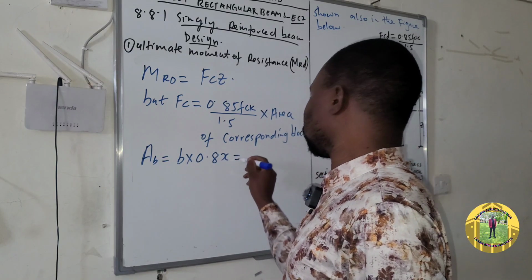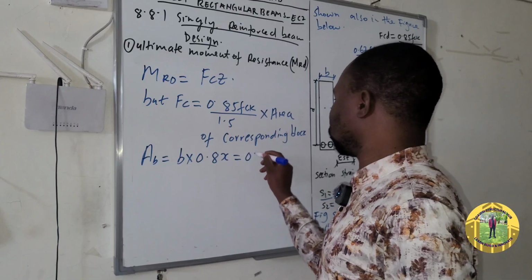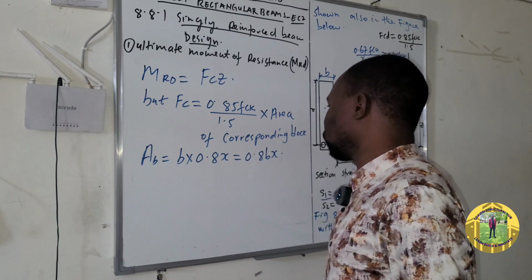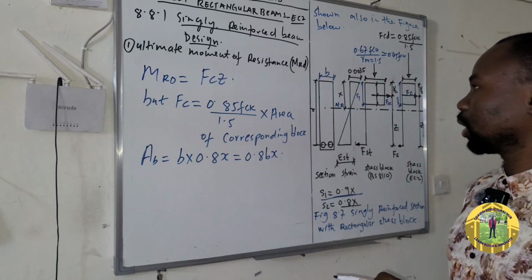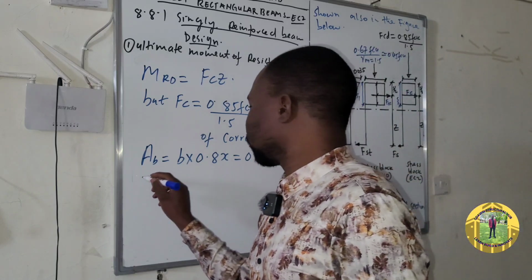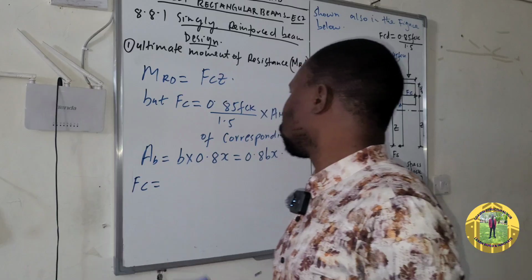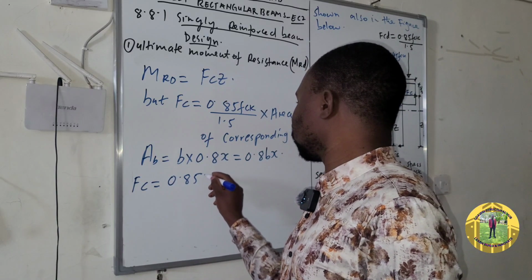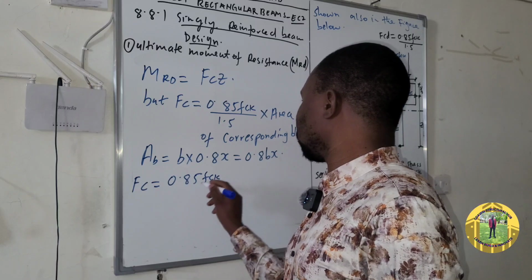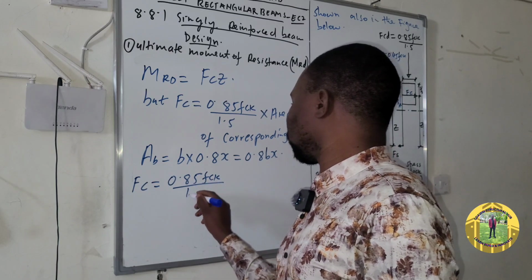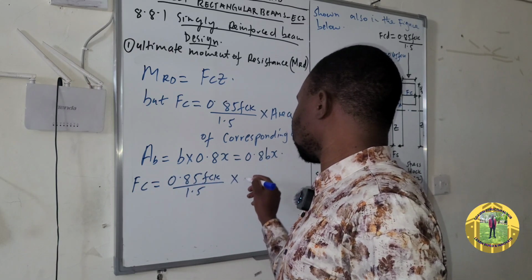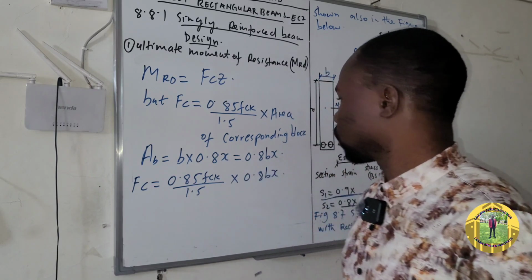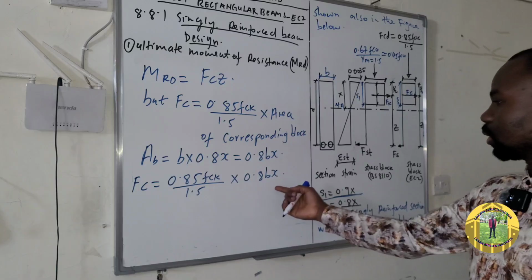So the area of the block is 0.8bx. So FC is equal to 0.85 FCK over 1.5 times the area, which is 0.8bx. We can simplify this.